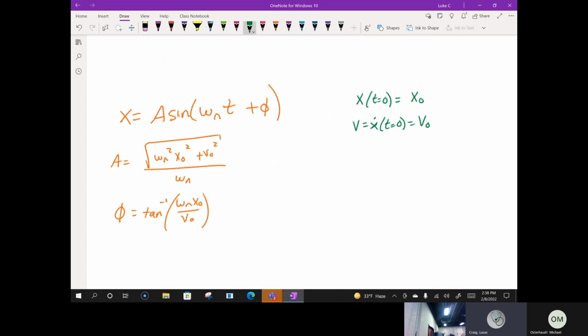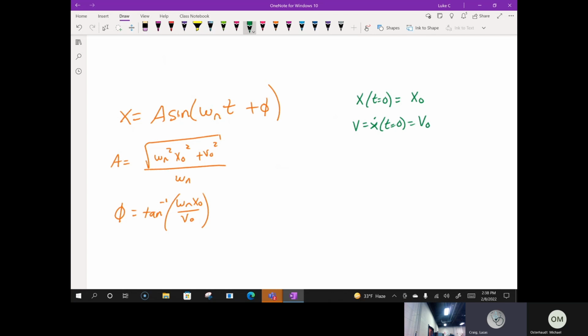Initial conditions. So at time of 0, my initial position is 0, or some initial value, and the velocity is also some velocity, initial velocity, right? Why do I need 2 initial conditions? What's the order? Second order, you need 2, right?